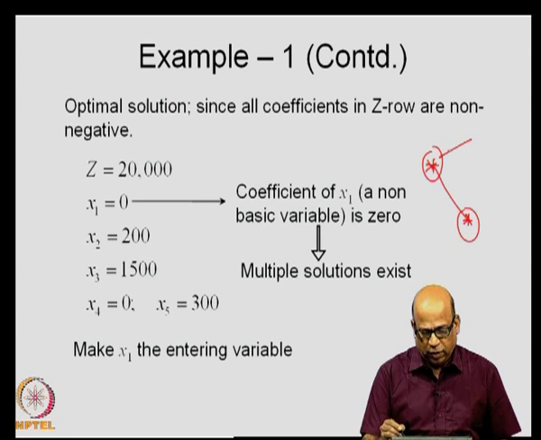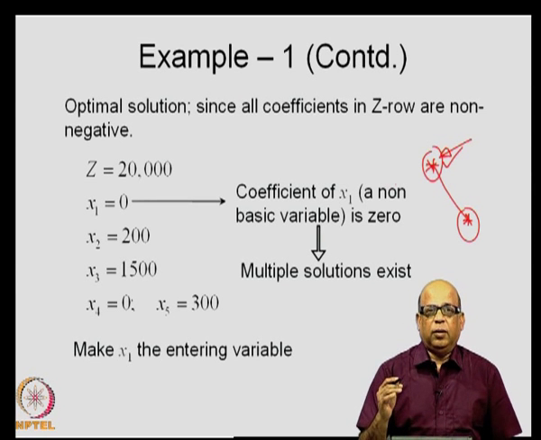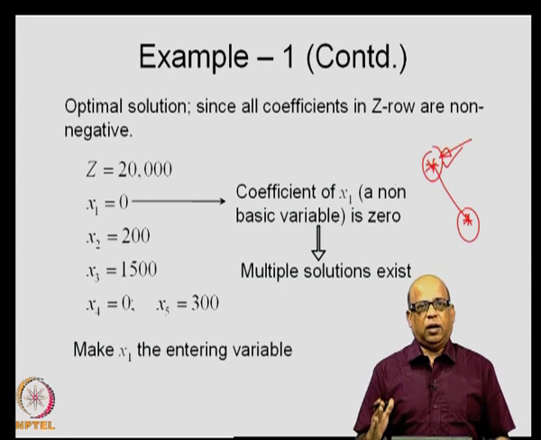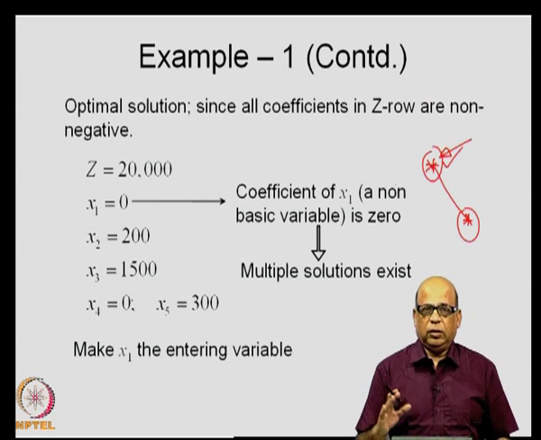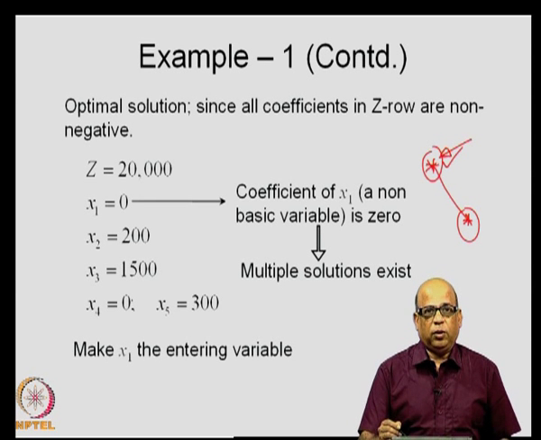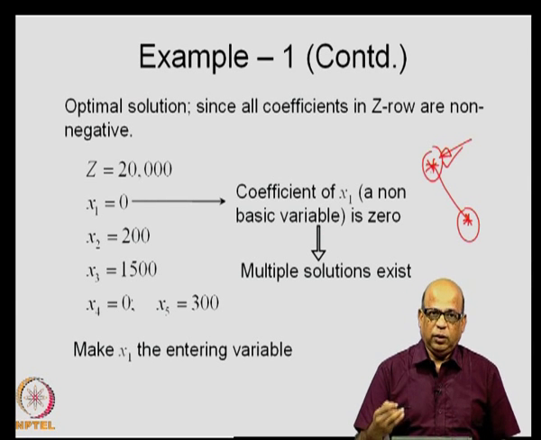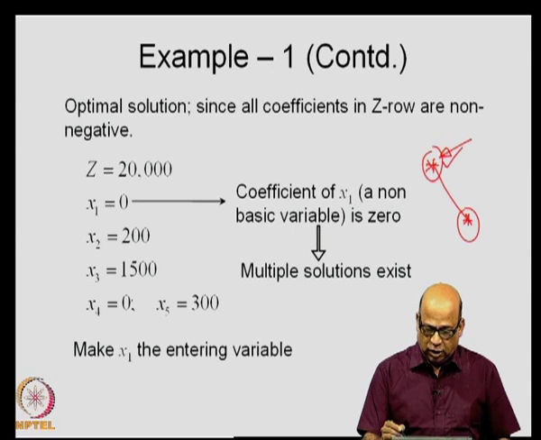Let us say that you identified this as the optimal solution, and here you said that there are multiple solutions possible because one of the non-basic variables has a 0 coefficient in the z row, but you were at this point. Then you generate another basic feasible solution, and therefore you go from this corner point to this corner point in your feasible space.